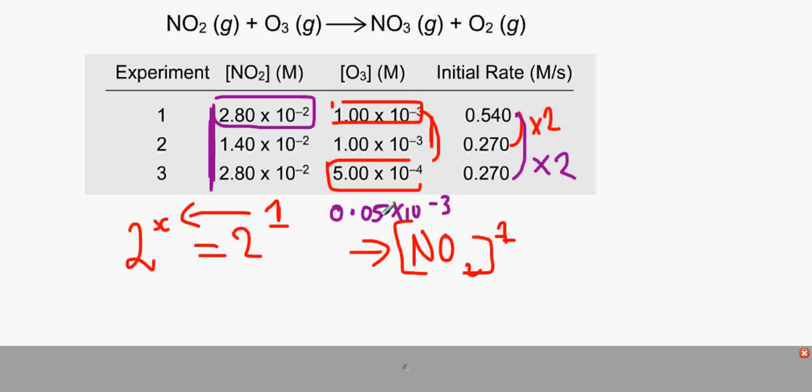Then we can see properly that this is half of that. So the order of O3 is going to be 1 as well. Okay, because as we double this, the initial rate also doubles.